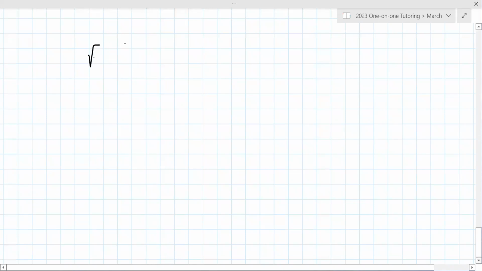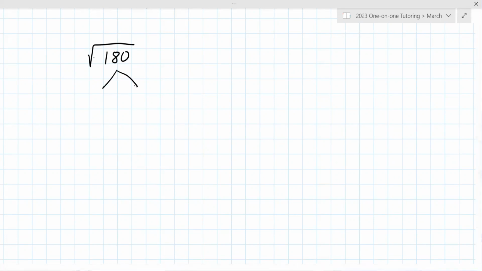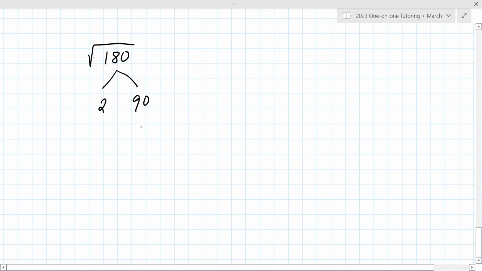All right, so let's take the square root of 180. What number should we start with? 2. And that's 90. And we try 2 again, because hopefully it works. Like you try something until it doesn't work anymore.